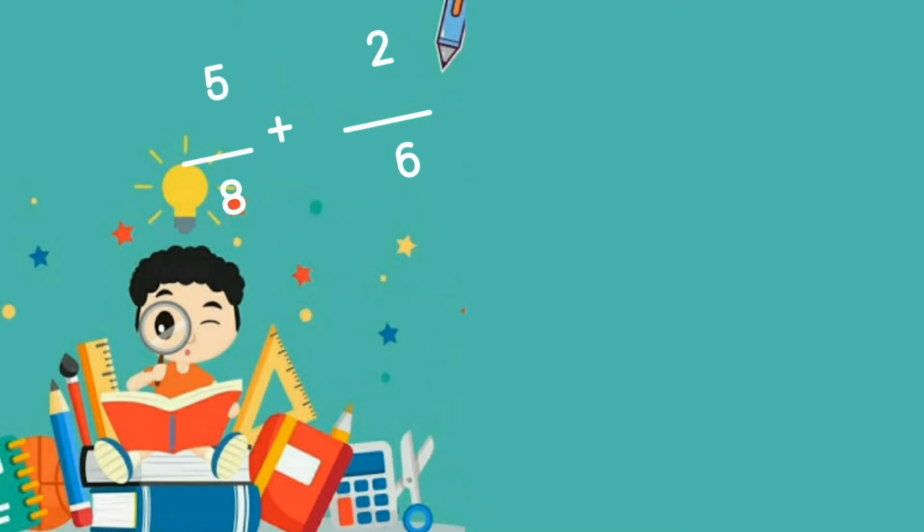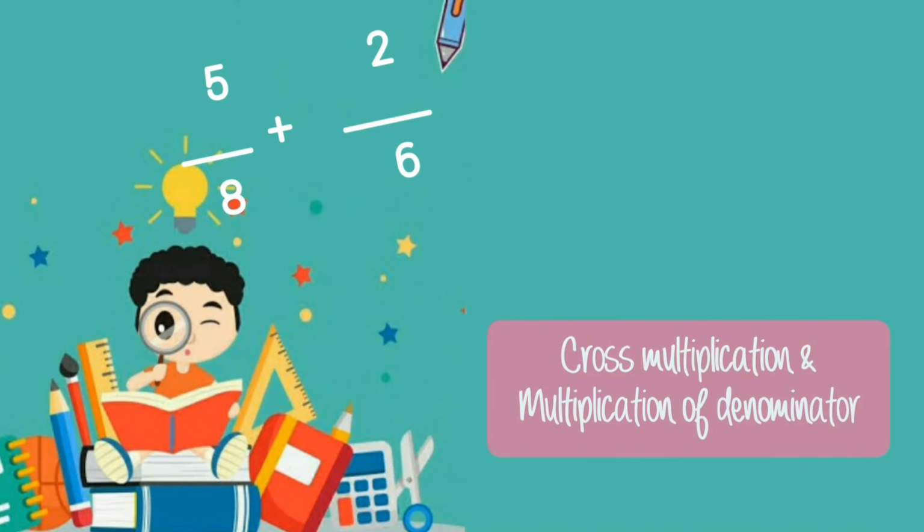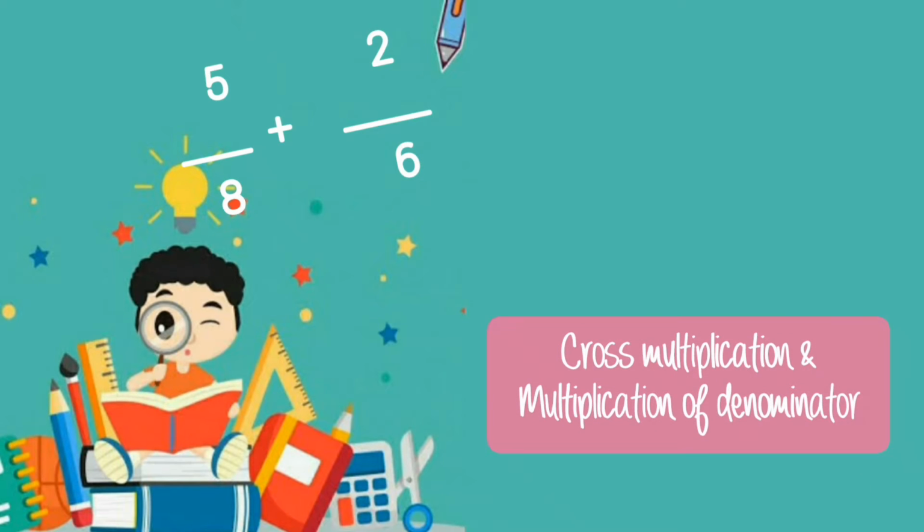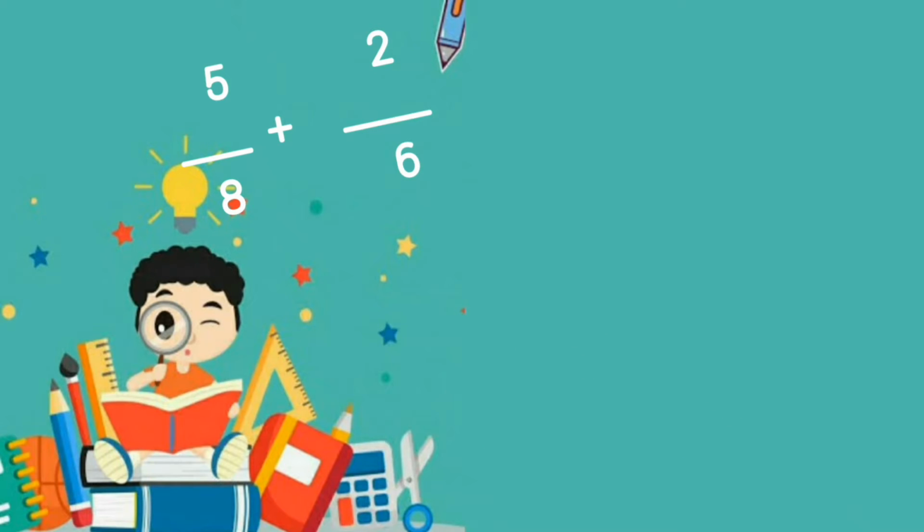Let's see how we add or subtract these numbers. First, we see addition of rational numbers. We add these unlike fractions by the crisscross method. First we multiply 6 by 5, then 8 by 2, and then we multiply the denominators. 8 multiplied by 6 is 48.